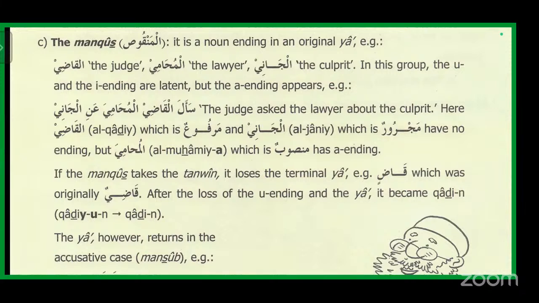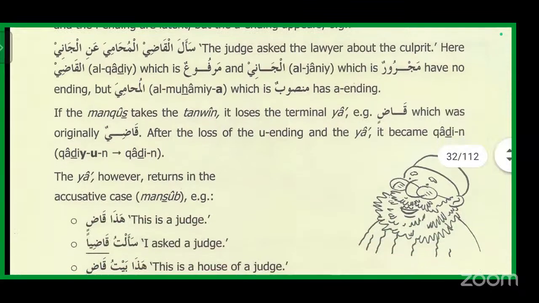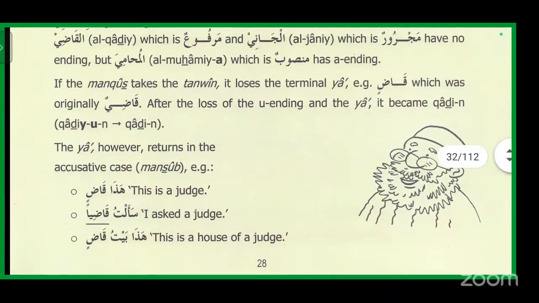If the manqus takes the tanween, it loses the terminal ya. Example: qadin, which was originally qadiyun. After the loss of the u ending and the ya, it becomes qadin.